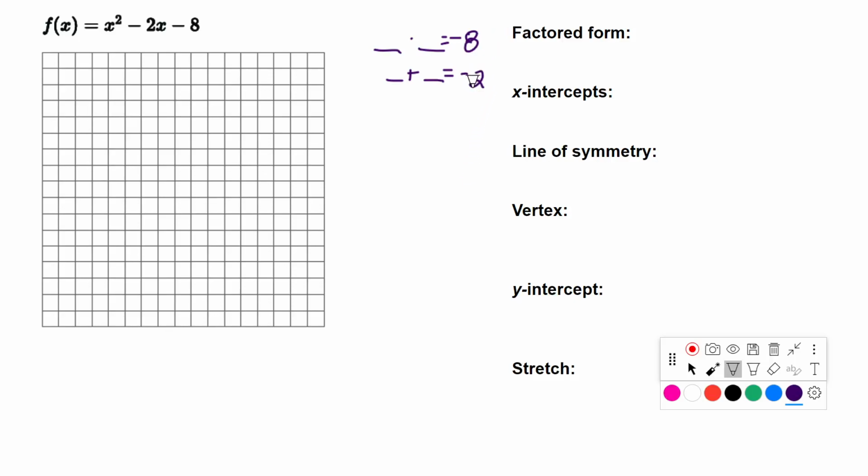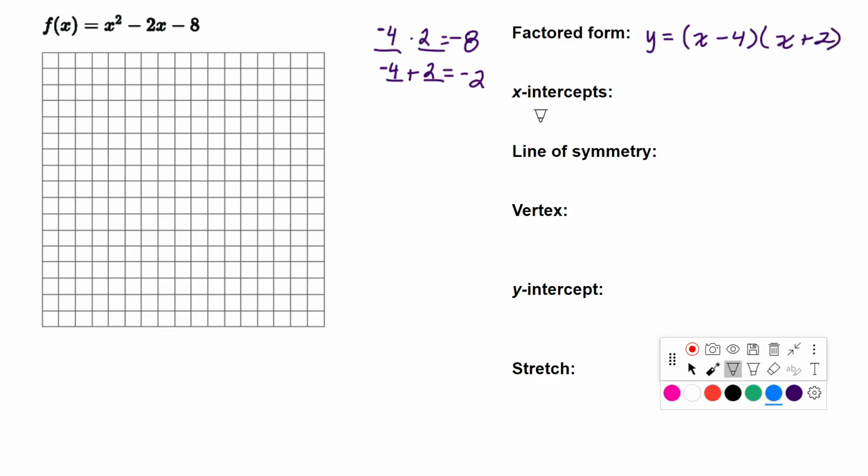So our options are 1 and 8 or 4 and 2. I'm going to try the 4 and 2, and that will work as long as the 4 is negative. Negative 4 times positive 2 does give me the negative 8. So my factored form becomes y equals, or f of x equals, x minus 4 times x plus 2.